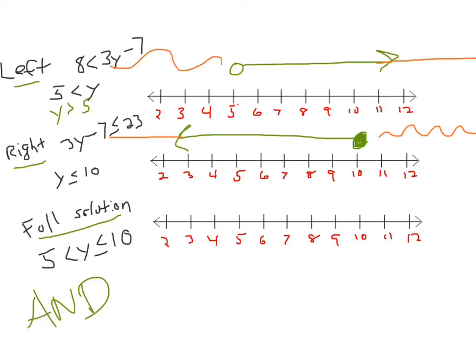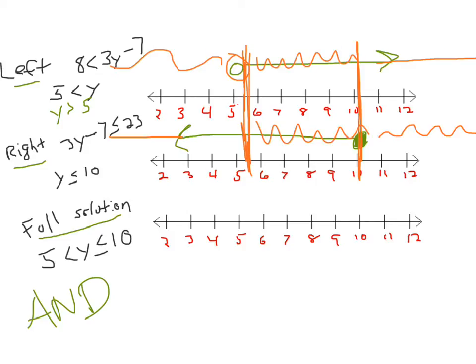So we need to count only the ones that count for both. Let's remember that up here, 5 is no good. This is an open circle. So I want anything just above 5. There's overlap there. And down here, I want everything that is 10 or less. So I want my solution to be only the values that fall right in here.